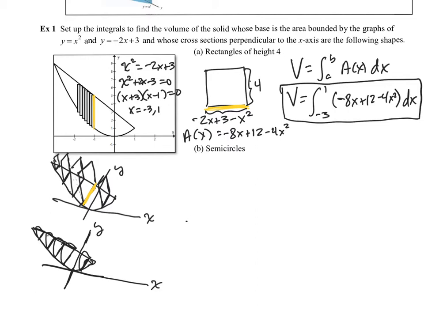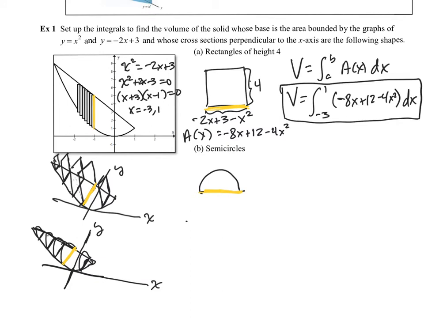Now, again, as you look at this picture, this yellow distance from one function to the other would be the base, or the diameter, of one of these semicircles, all right? So let's go ahead and draw a semicircle here. And I'm going to again highlight this yellow part, so you can see that the way we find that yellow is by taking this top function, which was negative 2x plus 3, minus the bottom function, which is x squared.